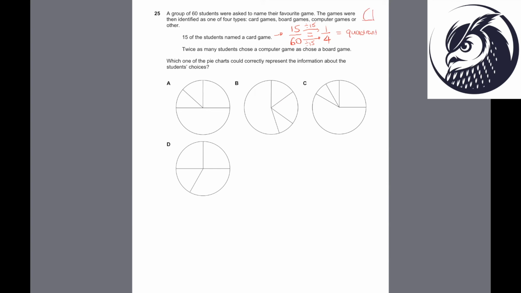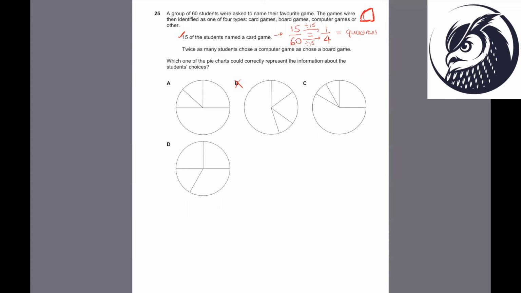So immediately after this piece of information, I'm just going to go through our answer options and eliminate anything that doesn't have a quadrant in it. And that's actually just option B. Option B doesn't have a quadrant. Every other option still does. Okay, so we're going to keep reading. We've acknowledged this piece of information. Then it says twice as many students chose a computer game as chose a board game.